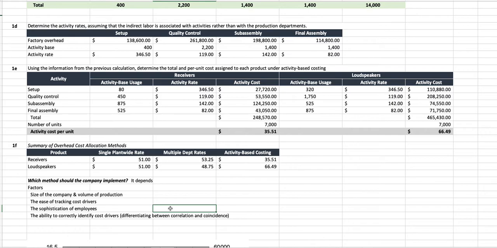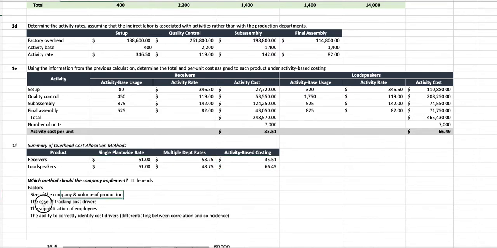But as volume production increases and as you add more and more products to your production, then a single plant-wide rate could really lead you to believe that our cost allocation is accurate even when it's really not.